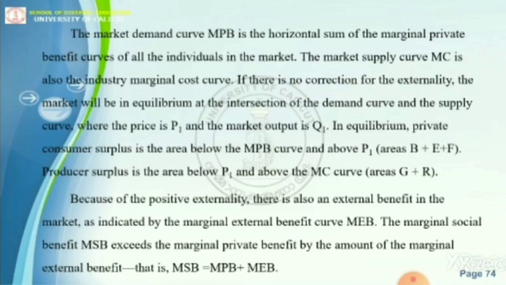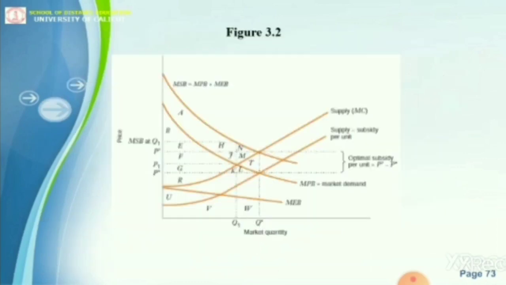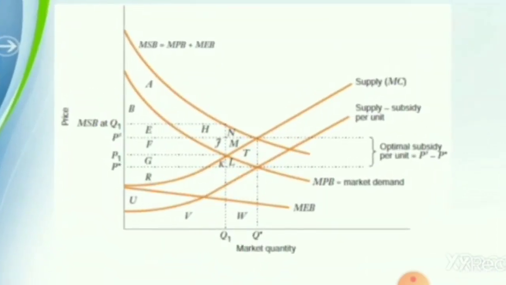In equilibrium, private consumer surplus is the area below the MPB curve and above P1, that is the areas B plus E plus F. Producer surplus is the area below P1 and above the MC curve, that is the areas G plus R. Just look into the picture. Okay, you see that the market demand is equal to MPB, the benefit getting from the private.